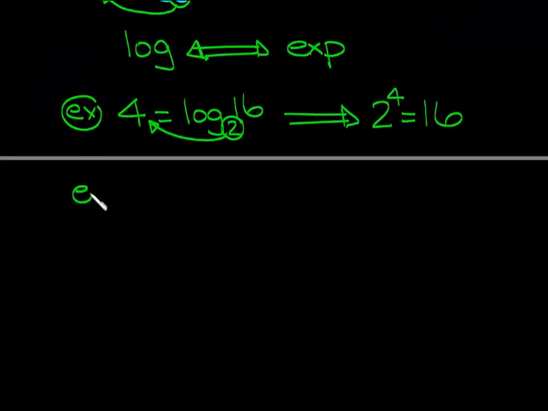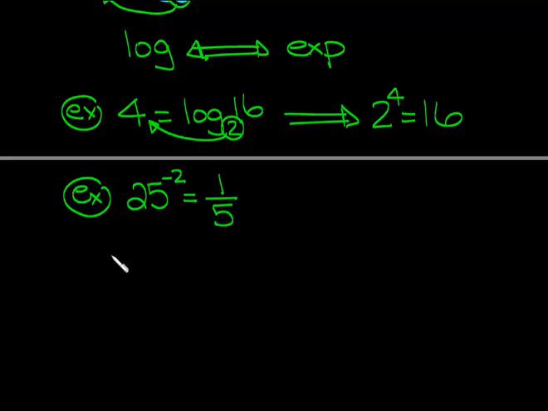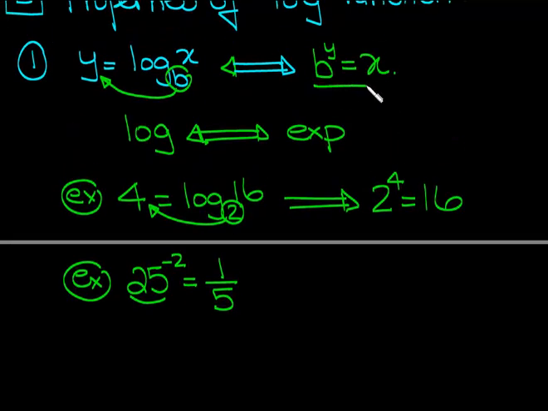Or another example, if you have an exponent, let's say I have 25 raised to -2 is equal to 1/5. Okay, so out here the base is 25. So if you look at this, we have this form right here. My base is 25, y is -2, and x is 1/5. So I want to write it as a log now. So what happens?